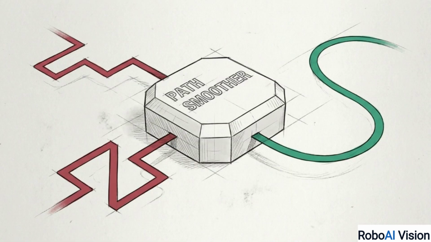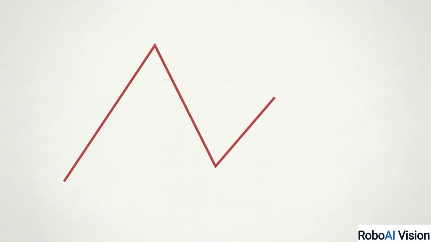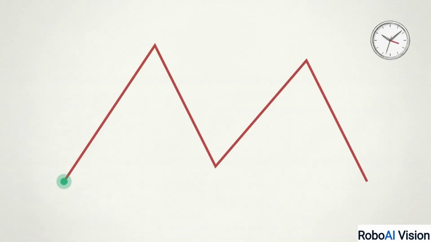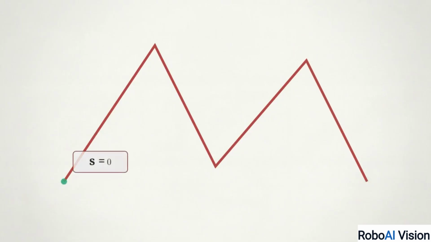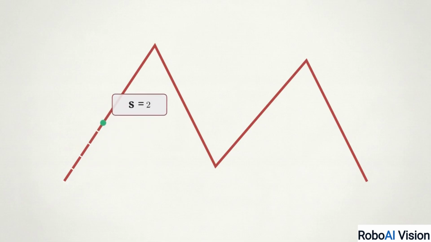That translation happens in the second node, the path smoother, which subscribes directly to the jagged trajectory published by the planner. Many smoothing algorithms tie coordinates to time. Forcing a robot to reach a specific point at an exact second causes erratic speed variations as it struggles to maintain that arbitrary timeline. The solution is arc-length parameterization.